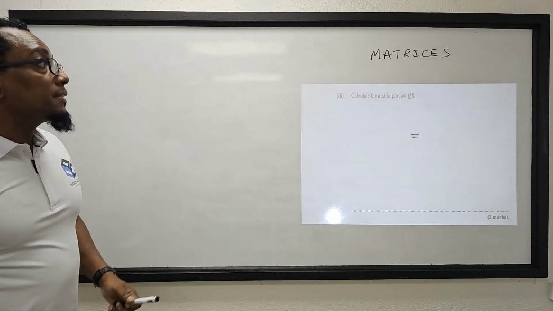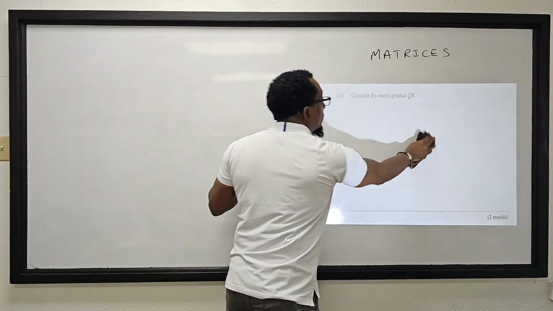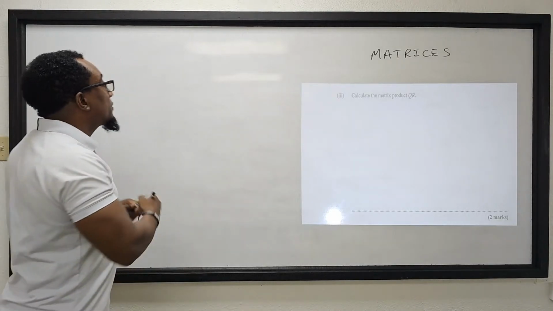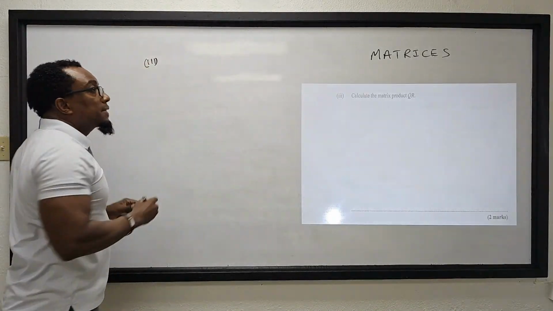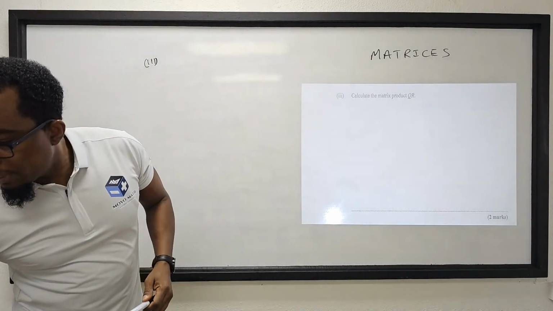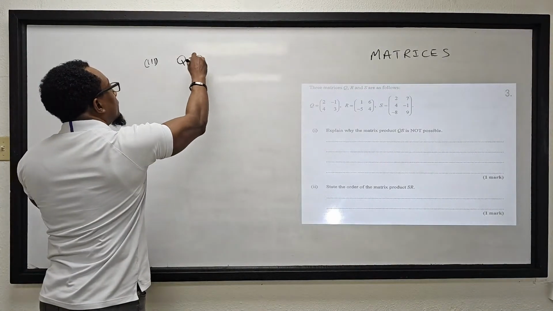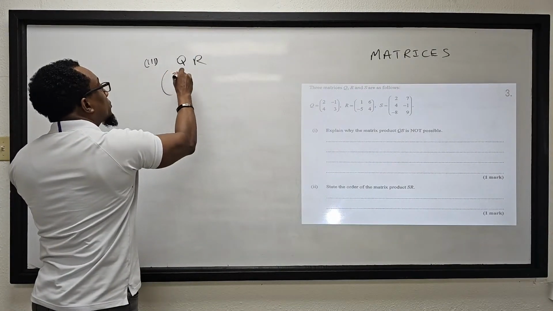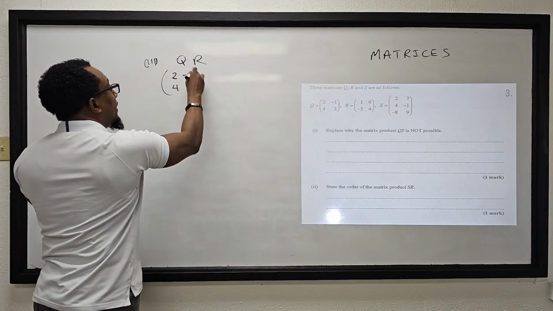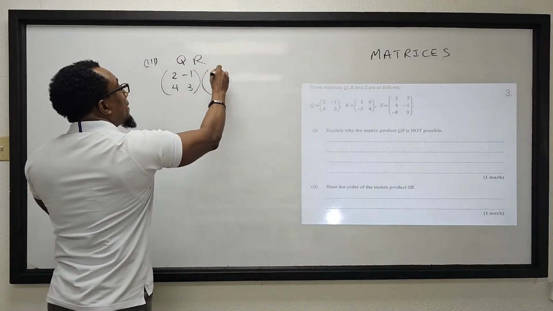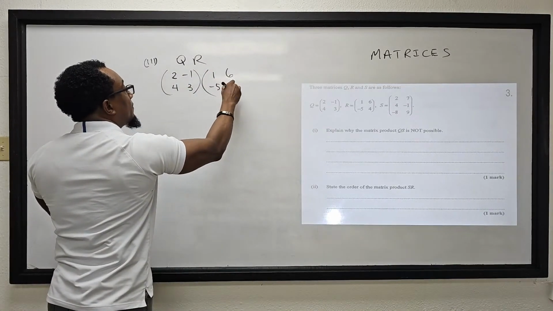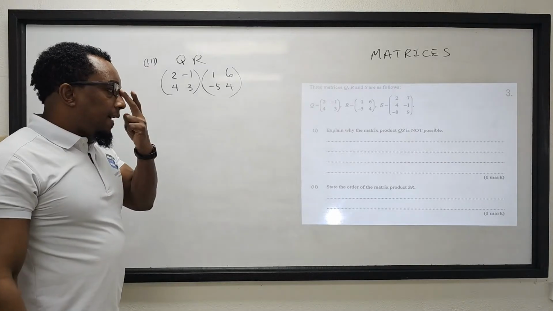So this is part 3 of this question, they want us to calculate the matrix product QR. So let's go back to QR. Q's elements are 2, negative 1, 4, 3. R's elements are 1, 6, negative 5, 4. So let's multiply.